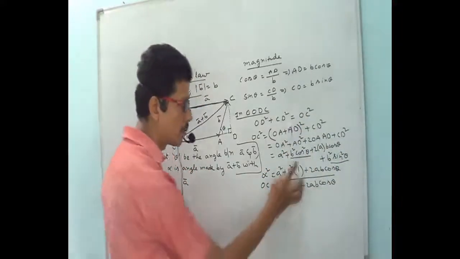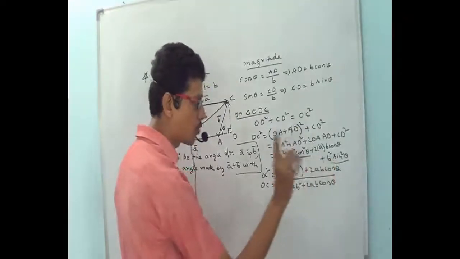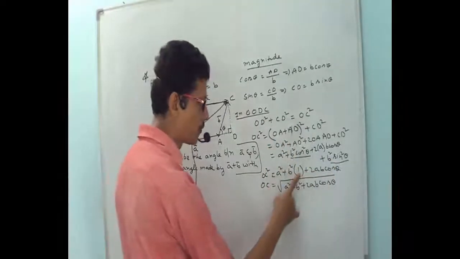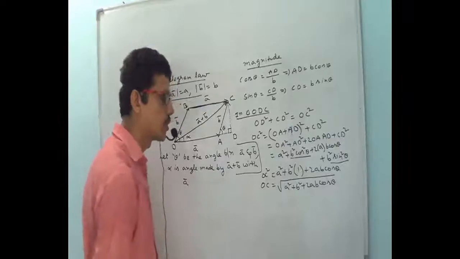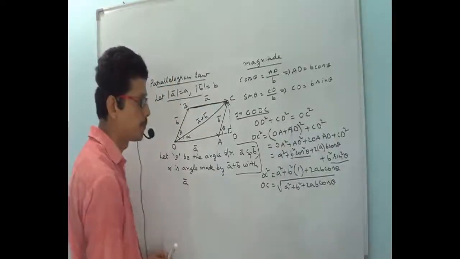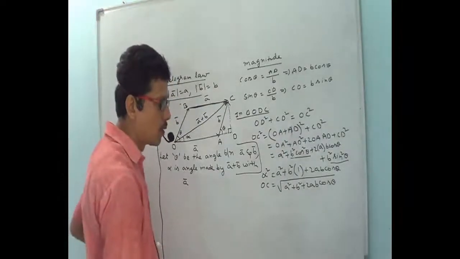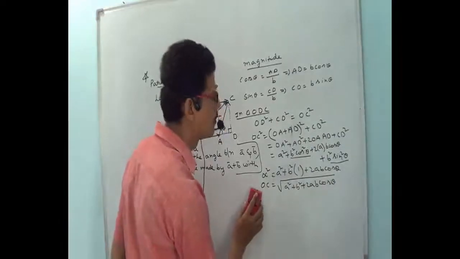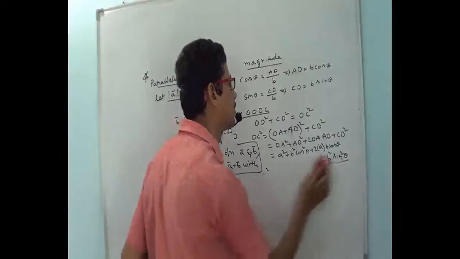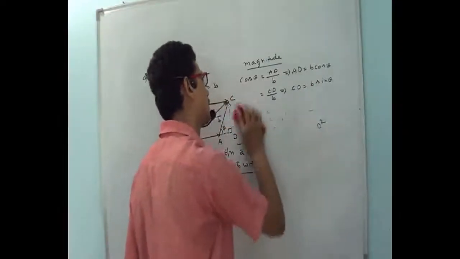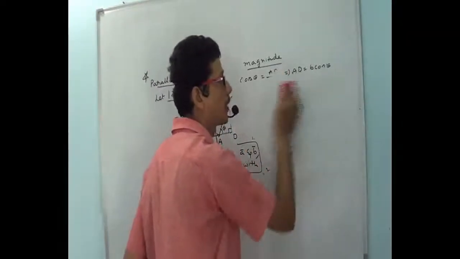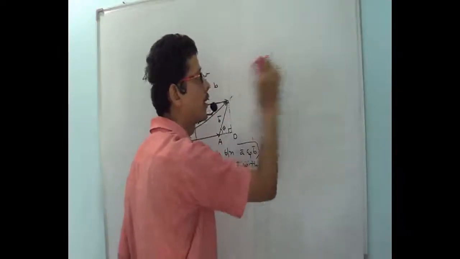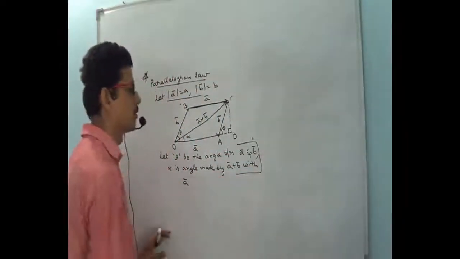Here if you take B square common, cos square plus sin square is 1. Then I will get OC, that is the magnitude of the resultant. So what is the formula? Root A square plus B square plus 2AB cos theta.